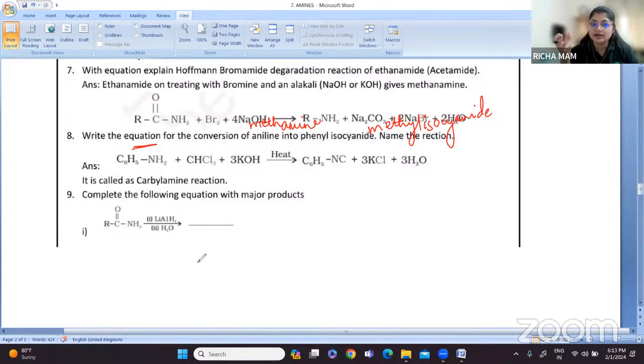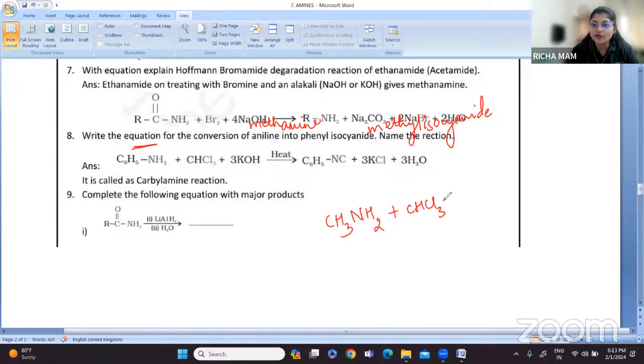Then write the equation for conversion of aniline to phenyl isocyanide and name the reaction. And if they ask how methanamine is converted into methyl isocyanide, write the equation. Methanamine is CH3NH2.